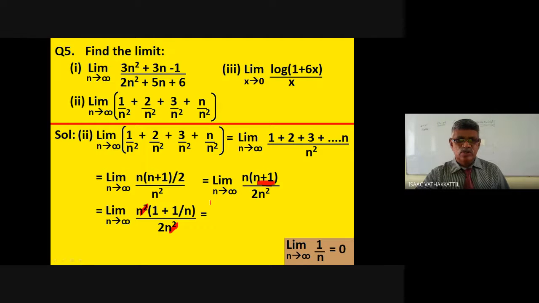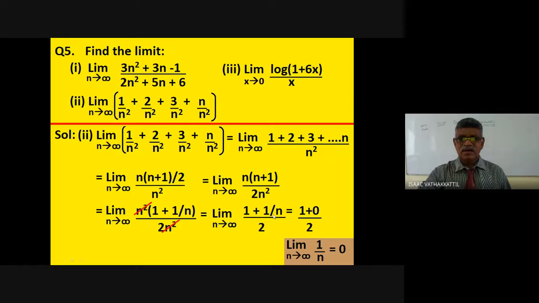N squared goes, and this half, this constant, comes out, and the limit of 1 plus 1 by n, as n tends to infinity, 1 by n tends to 0. Correct? So half will come out, simply 1 plus 0 by 2, that is 1 by 2.